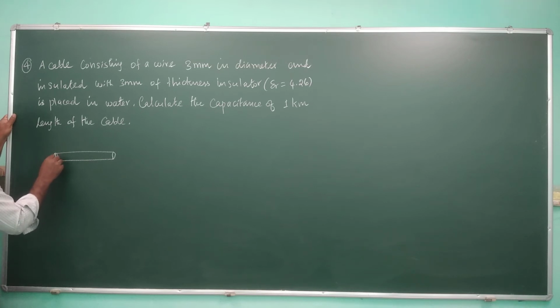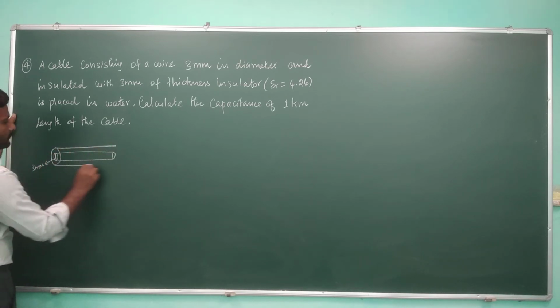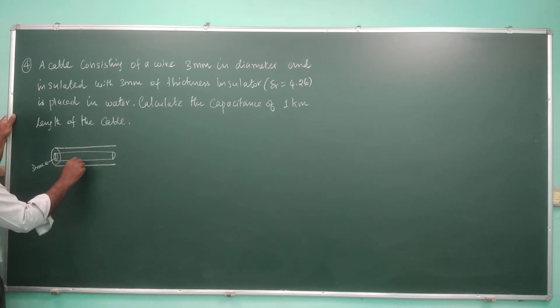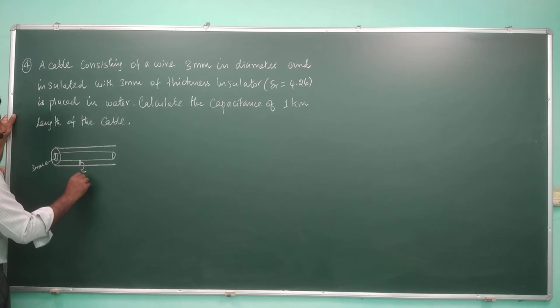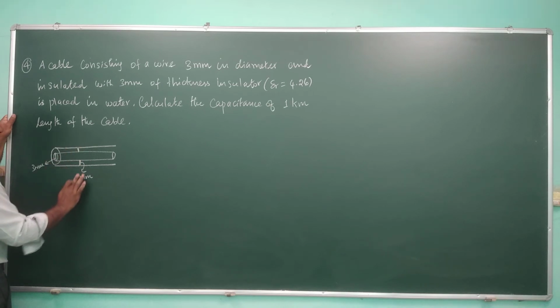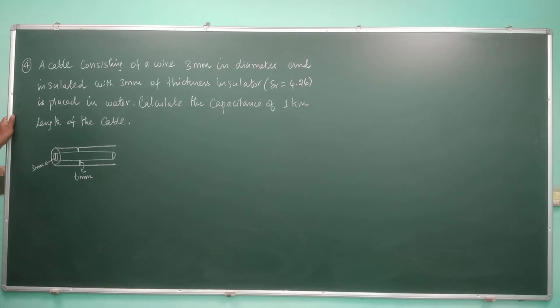This diameter is 3 mm and it is insulated with some other material. Now the thickness of the insulator is 3 mm. So the total thickness will be 6 mm.